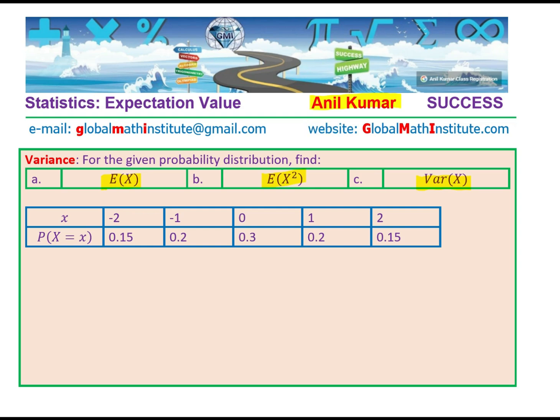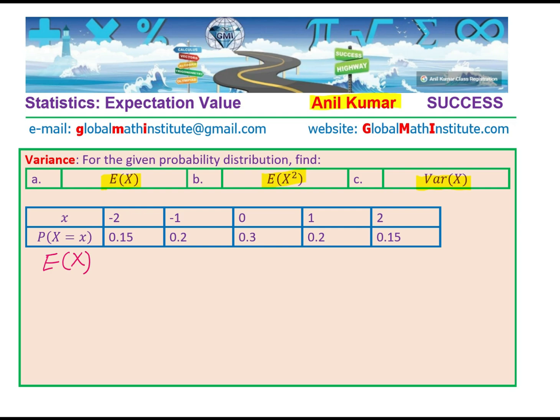Now let's try to understand from the given data what is the average mean or the expected value E of x. Since you see that this data is symmetric, right? So we have minus 2 with a probability of 0.15, minus 1 with 0.2, 0 with 0.3, 1 with 0.2, and 2 with 0.15.